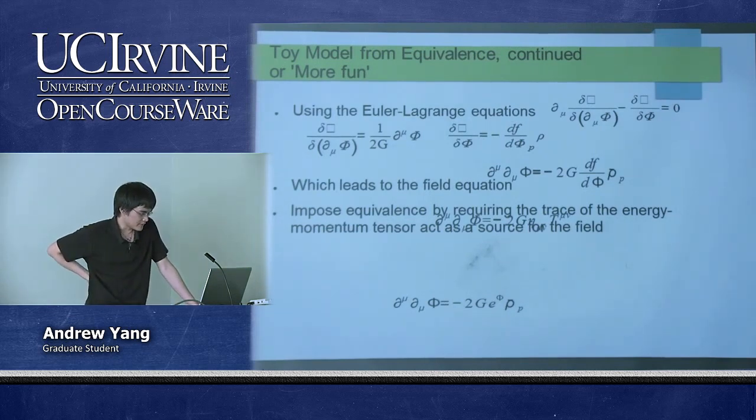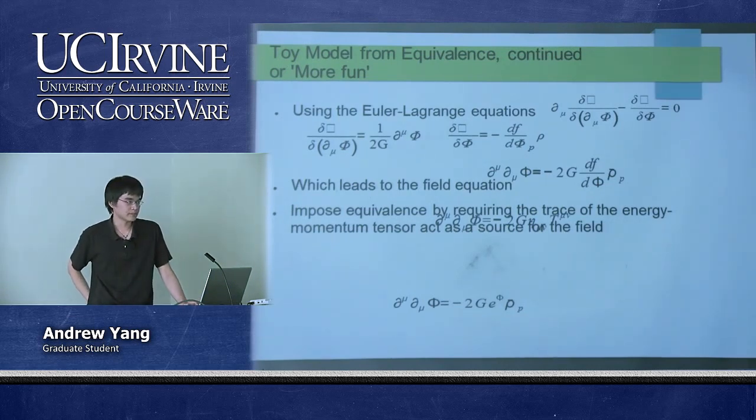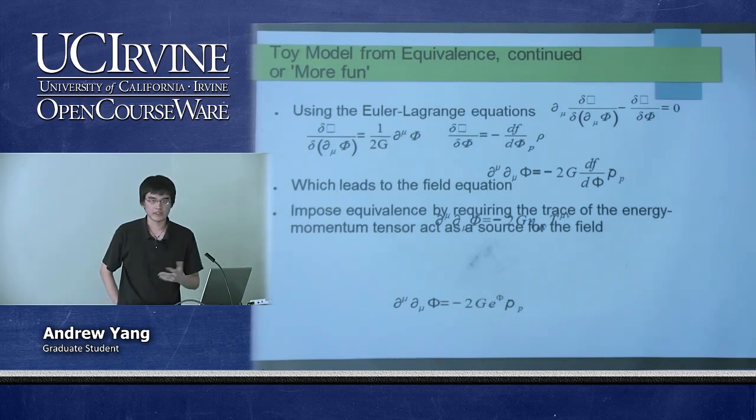Again, it can't really be seen due to a formatting error, but then we get a field equation that gives the D'Alembert of the field equal to -2 times the gravitational constant times the flat metric times the energy momentum tensor.